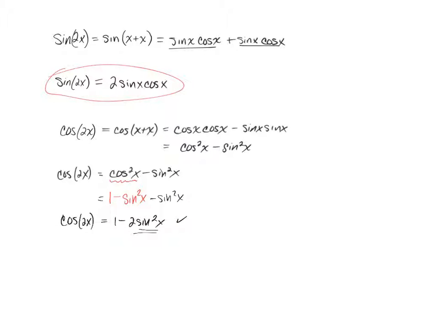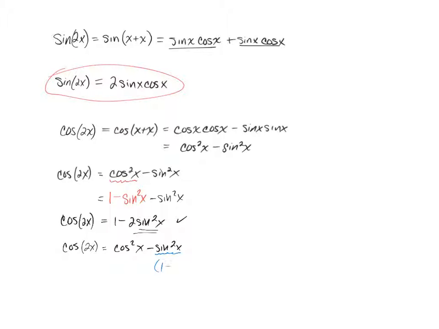And then lastly, we could have taken this original derivation that we got, which was cosine squared of x minus sine squared of x, and rather than replacing the cosines with sines, we could replace this sine squared with 1 minus cosine squared.